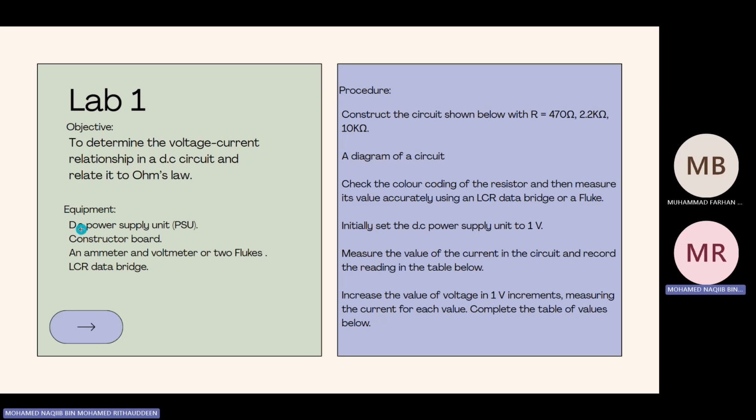The equipment we will use is a DC power supply unit (PSU), conductor board, ammeter to measure current, voltmeter to measure voltage, and an LCR data bridge. Procedure: construct the circuit shown below with resistors of 470 ohm, 2.2 kilo ohm, and 10 kilo ohm.